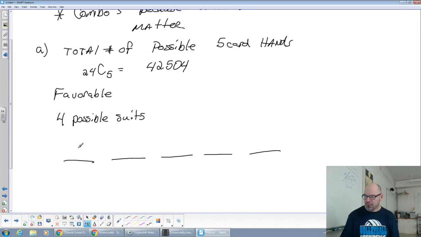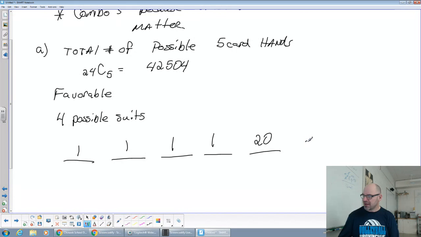Let's say you get the ace, the king, the queen, and the jack. How many cards are left in the deck if you've taken out the ace, queen, king, and jack? Well, the total number of cards is 24, so there are 20.